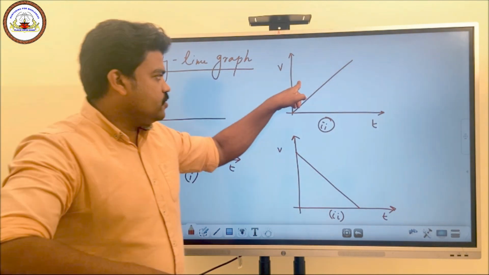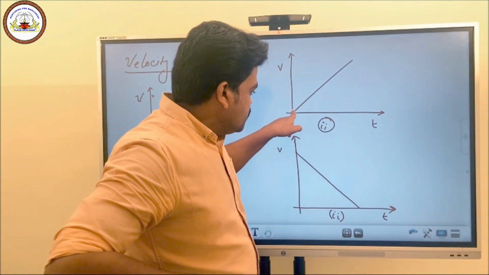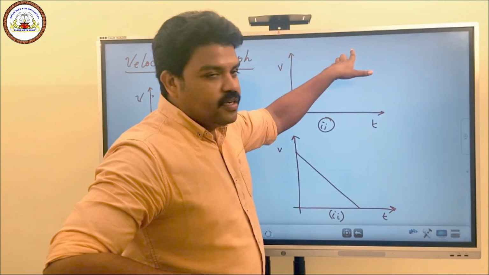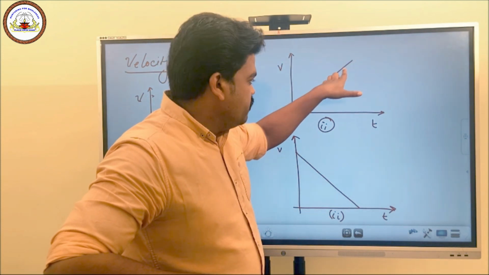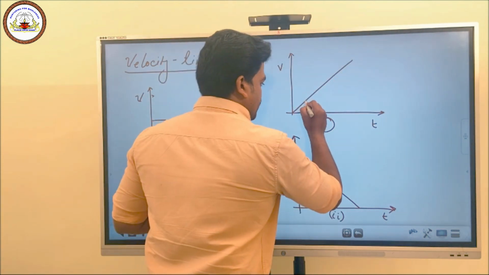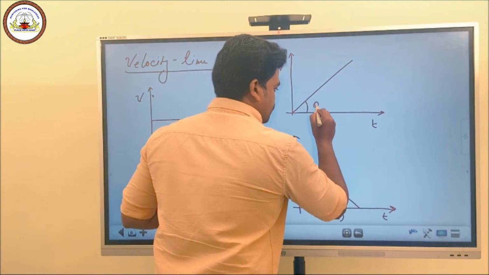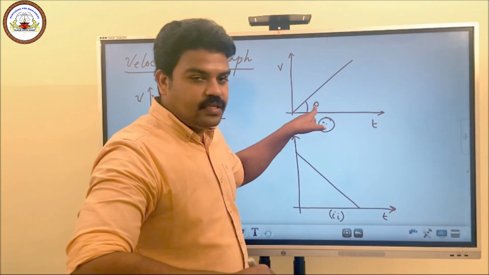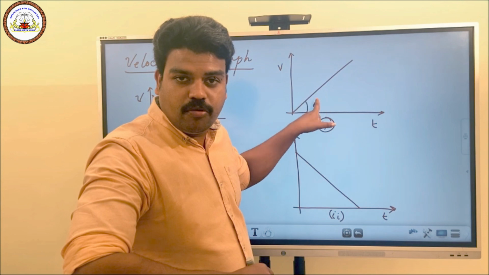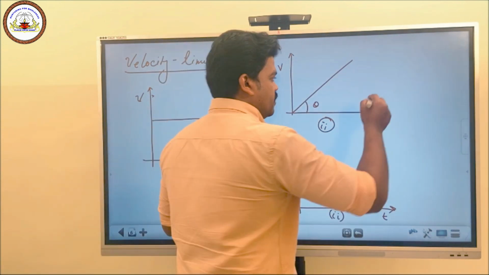Okay. The second one is where the velocity of the particle changes uniformly. We have a line with a positive slope and it makes an angle theta here. This angle theta is called the slope of the graph. Slope of the graph is tan theta.